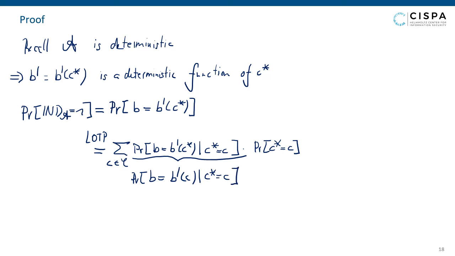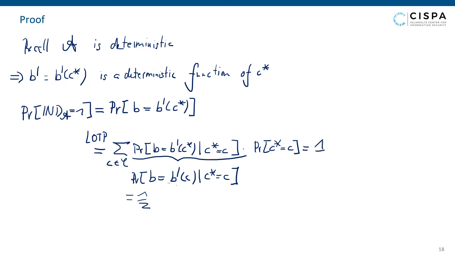And now this B prime of C star, B prime of C, is just a constant. So it's either 0 or 1. But we've just seen that for this side being both 0 and 1, this probability here is exactly 1/2.